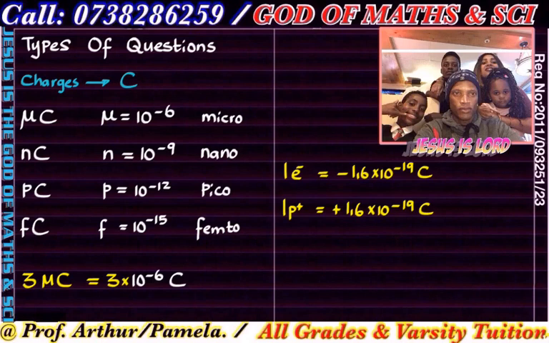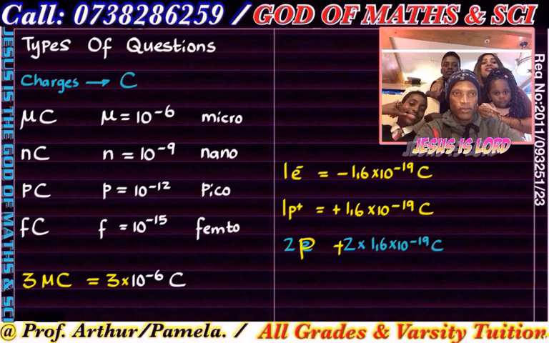If you are given 2 electrons, they want to know how many charges are there. So you'll say 2 multiplied by 1.6 times 10 to the negative 19 coulomb, but you'll put it as a negative number. If we're dealing with protons here, you'll deal with a positive number.